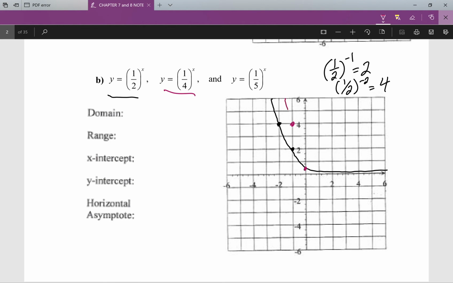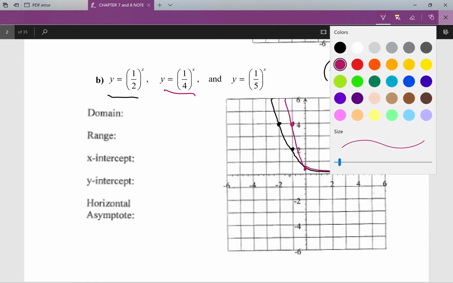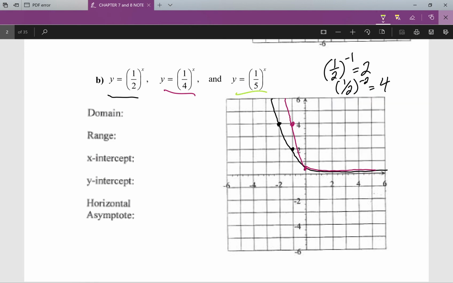And again, we go like this, and we get something that looks like that. Switching to my last color, (1/5) to the power negative 1 is 5, to the power 0 is 1, and again, we get something that looks as such.